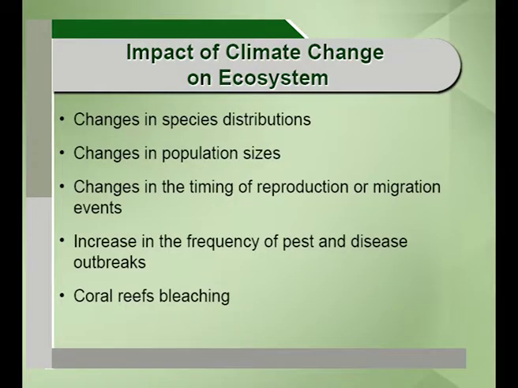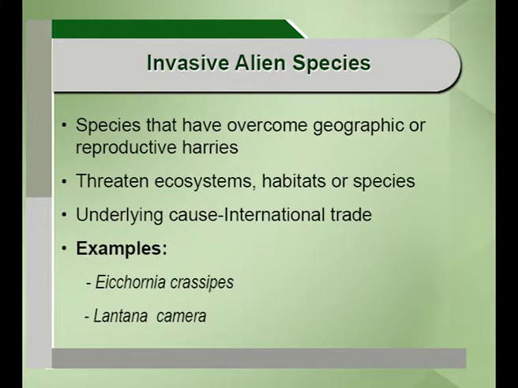These are the major impacts of climate change on ecosystems: changes in species distribution, changes in population size, changes in the time of reproduction or migration events, increase in the frequency of pest and disease outbreaks, and coral bleaching.